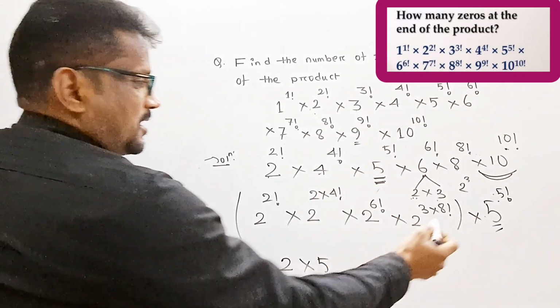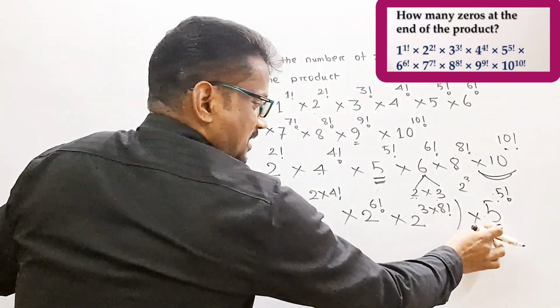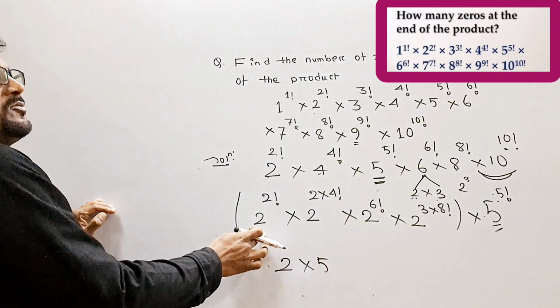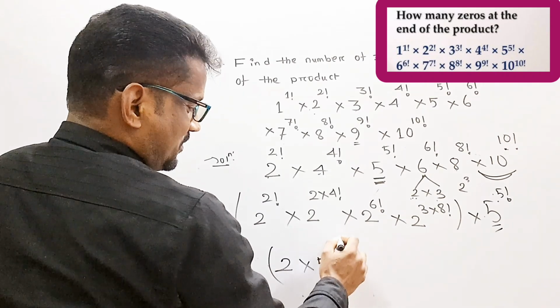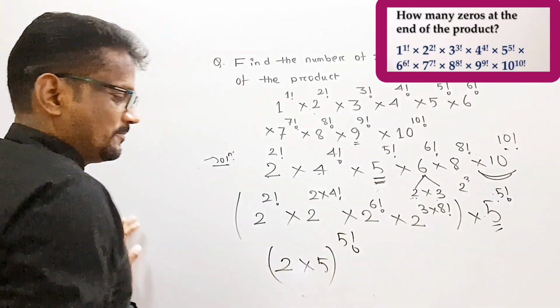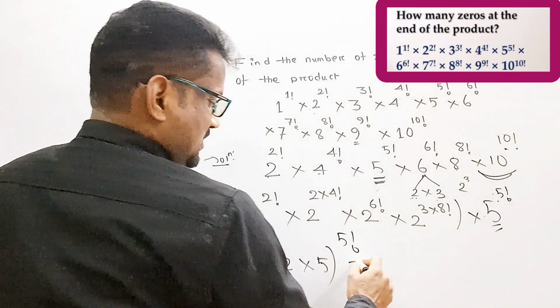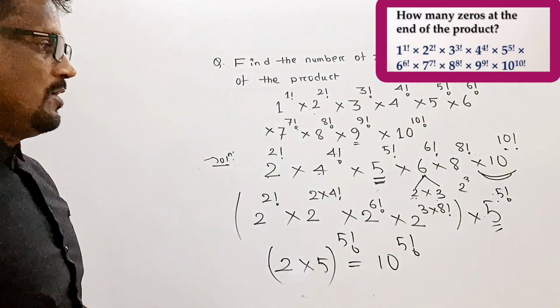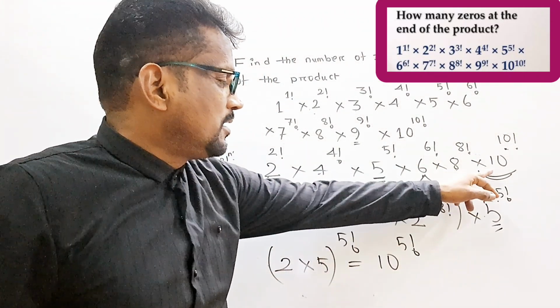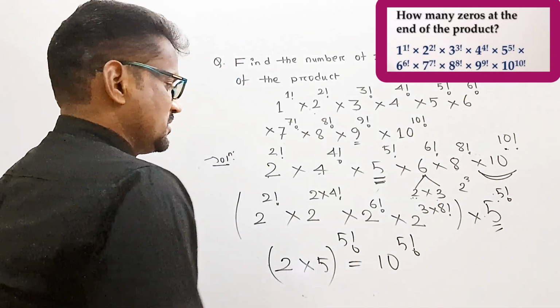If there are 120 5's, then there are more than 120 2's. That is 2 into 5 whole to the power 5 factorial. These many pairs, and it is nothing but 10 to the power 5 factorial. Already in the main number 10 to the power 10 factorial is present.